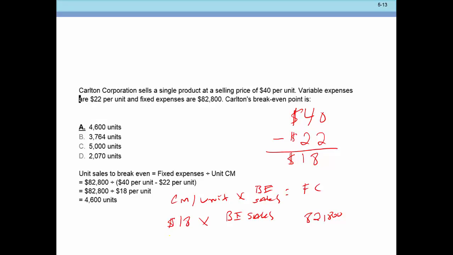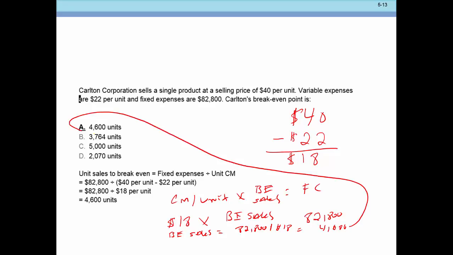So my break-even sales in units is equal to 82,800 divided by what? By the 18 bucks, and that gives me 4,600, I hope. Is that the answer? Okay.